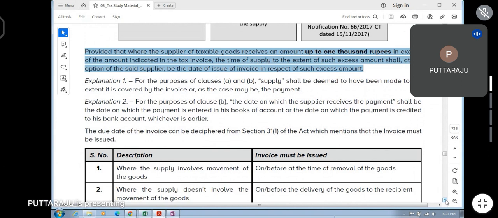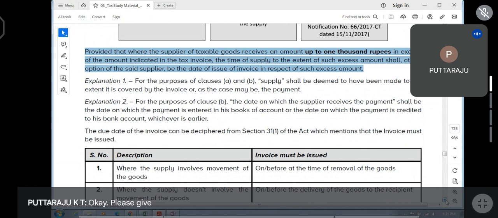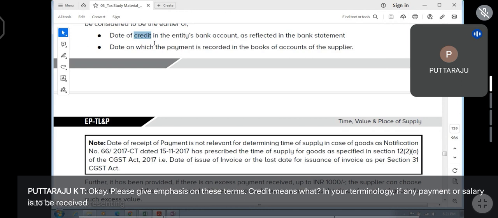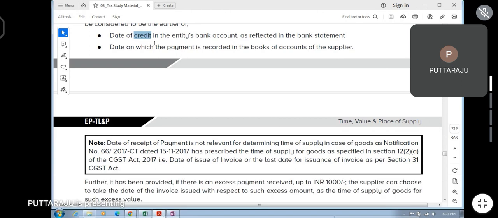Please give emphasis on these terms. Credit means what? In your terminology, if any payment or salary is to be received from the employer, how will you check with the HR?